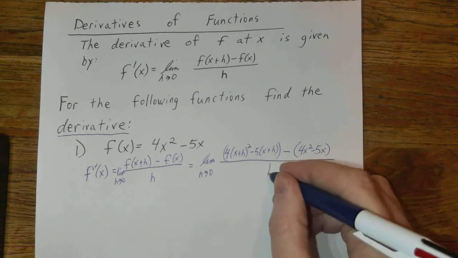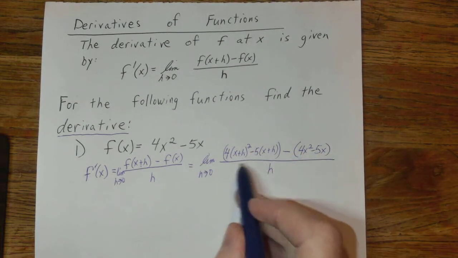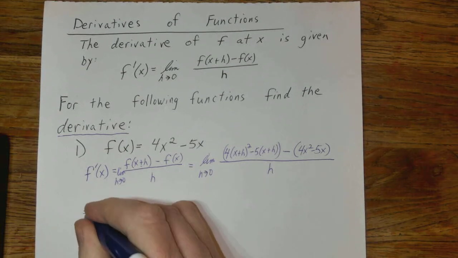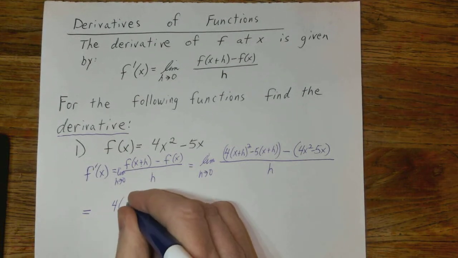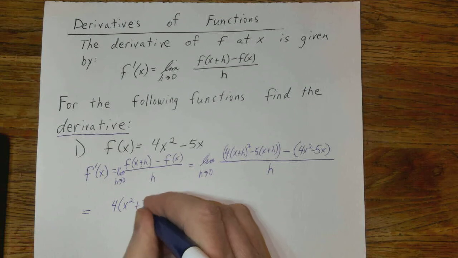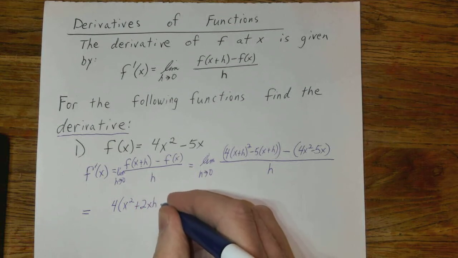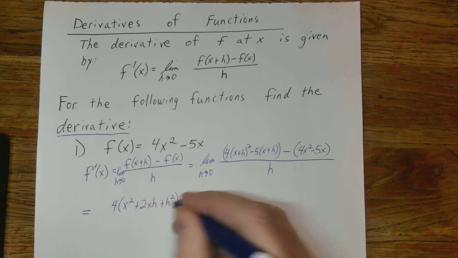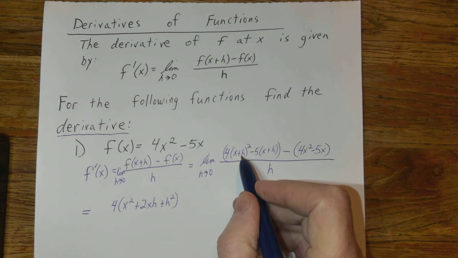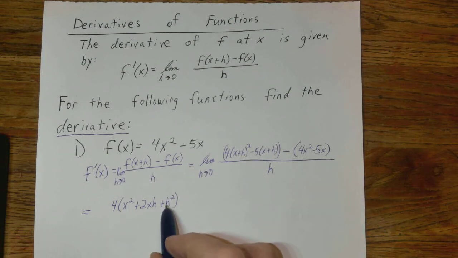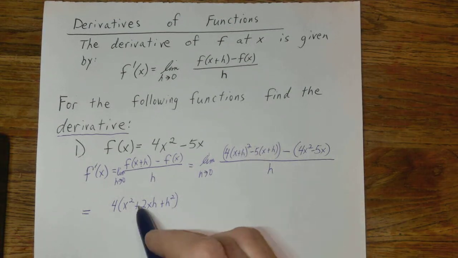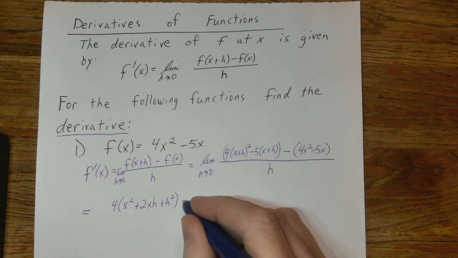And I'm going to put all that over h. I need to deal with that part a little bit. And I got 4 and then x squared plus 2xh plus h squared. Okay, you can FOIL it out if you want, but if you remember the properties for squaring a binomial, I would encourage you to do that.